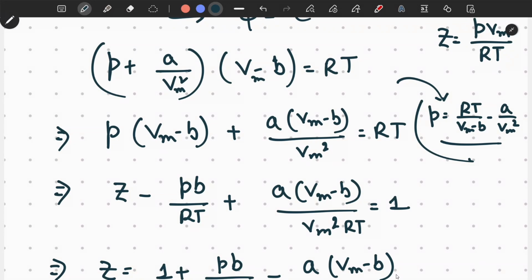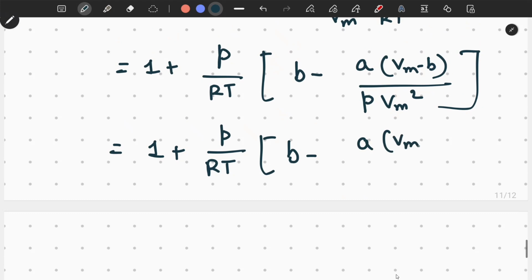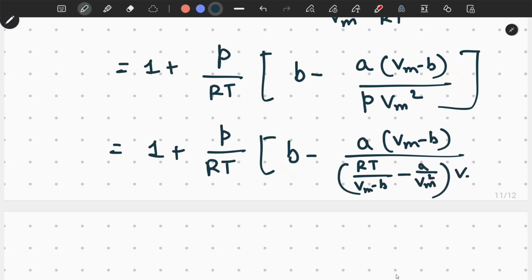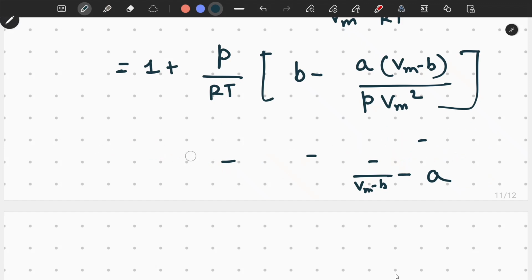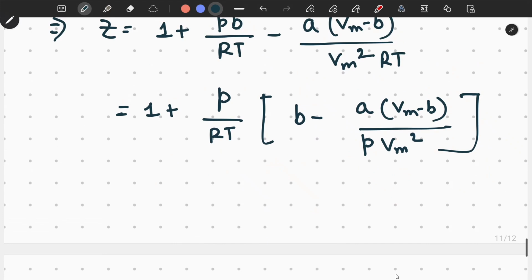If you put it, I don't know in which direction it's going. Times Vm squared, so Vm squared will go away. It will be just minus a and this. But it's okay. We can deal with this equation.